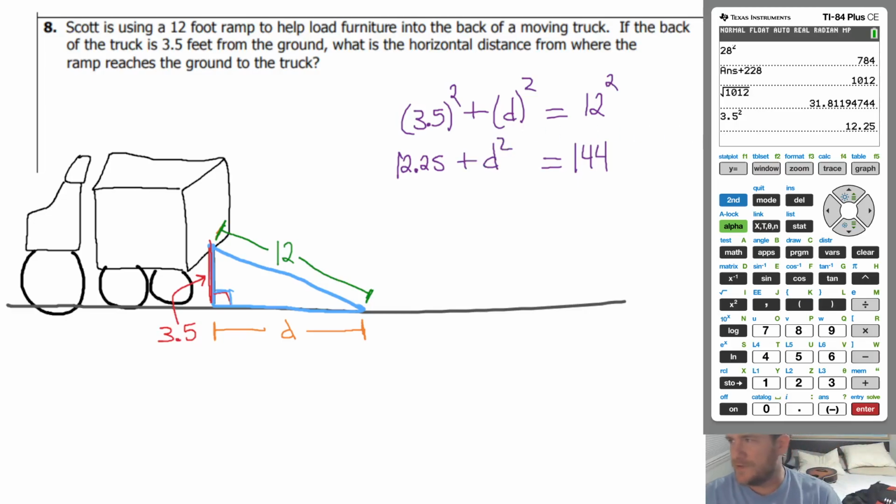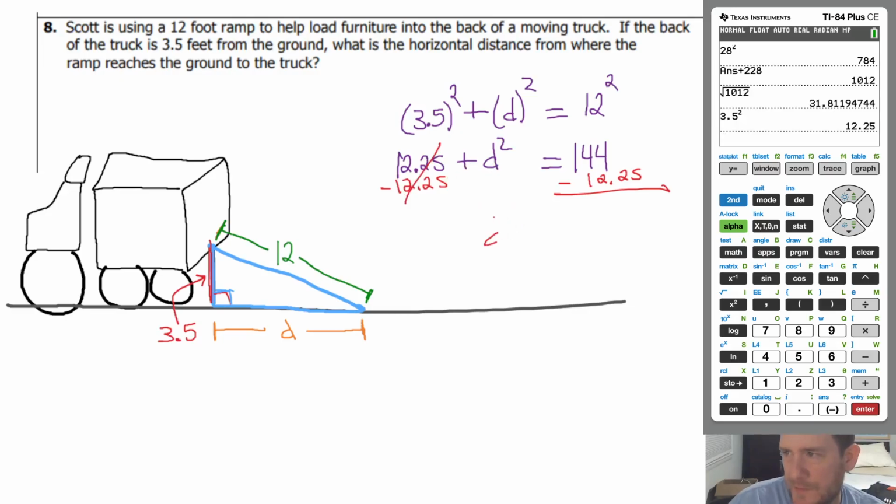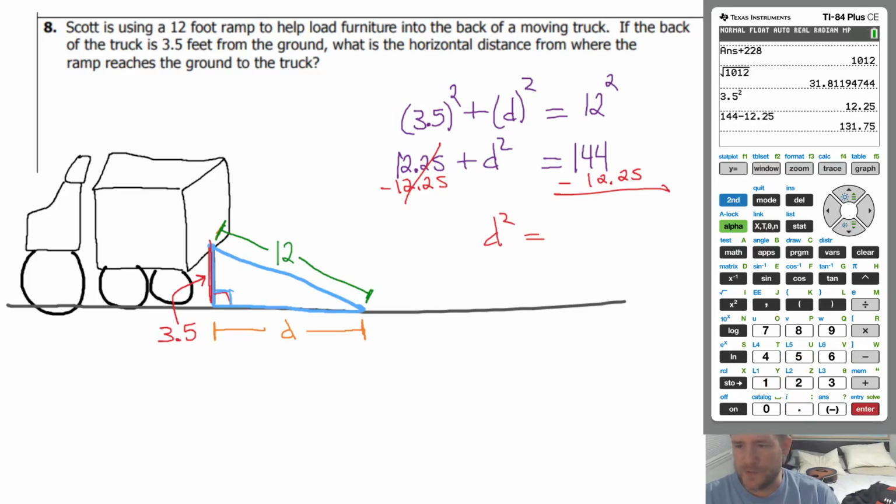And then that's plus d squared. So now to solve for d, we got to get d alone, so we'll subtract 12.25 from both sides. And we'll see what that gives us. This cancels, and we get a d squared that equals 144 take away 12.25. Leaves 131.75.